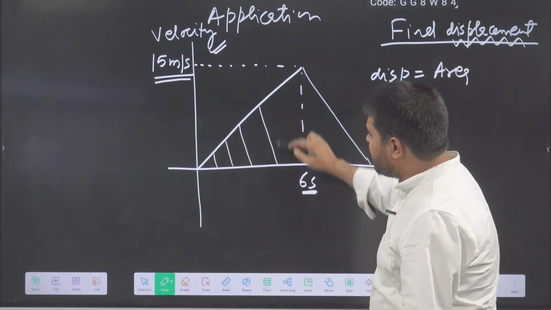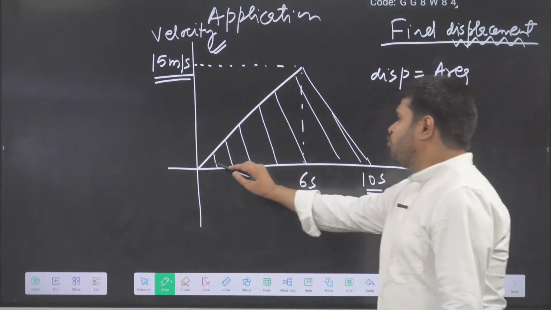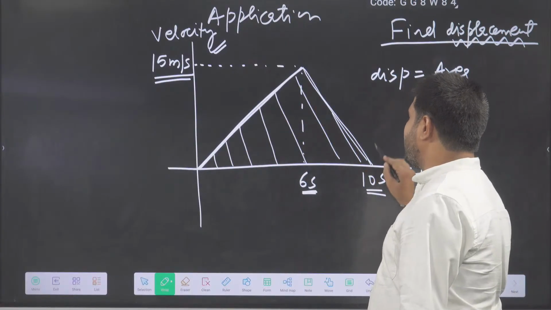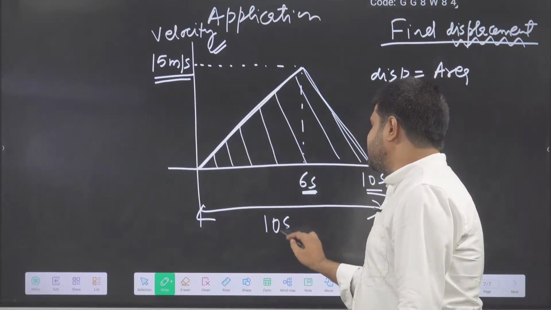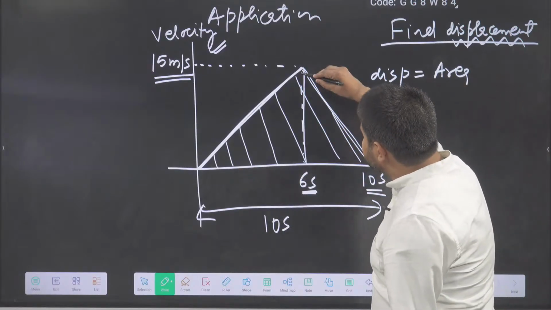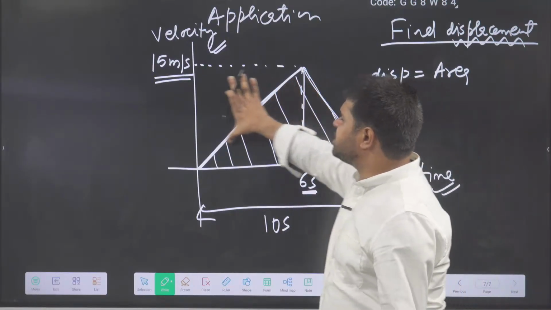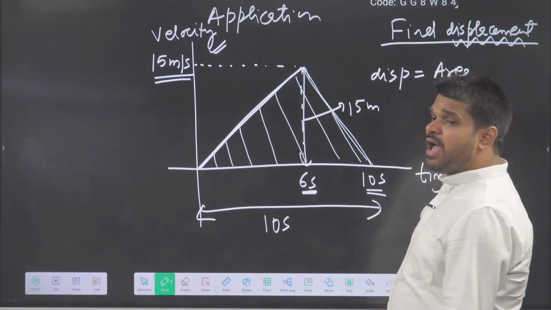This is the area. Now, what is the name of this shape? Triangle. What is the base length? 10 seconds. And what is this height? Height is this length, so this height is 15 meter.